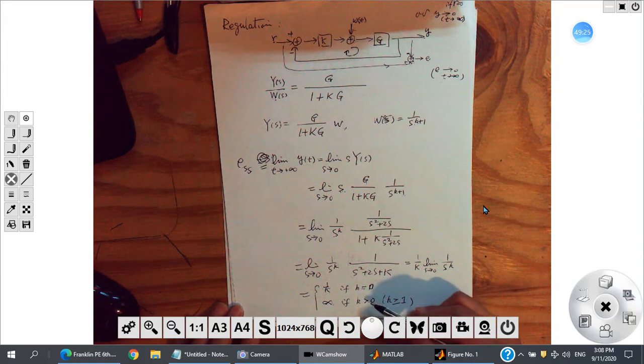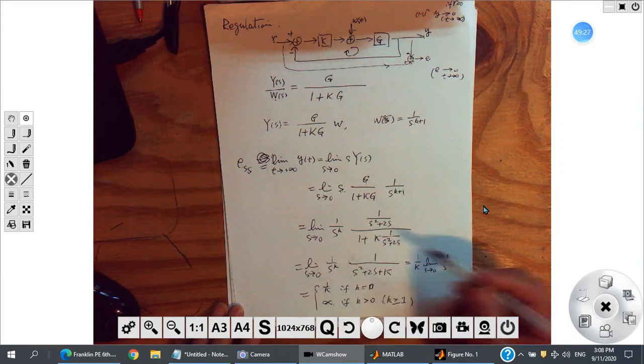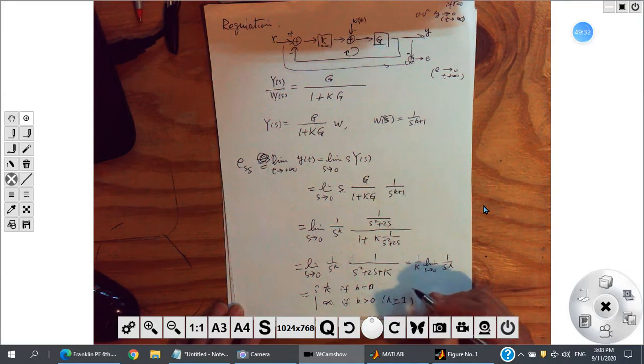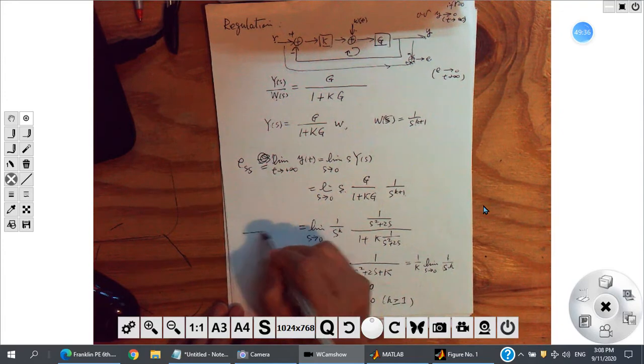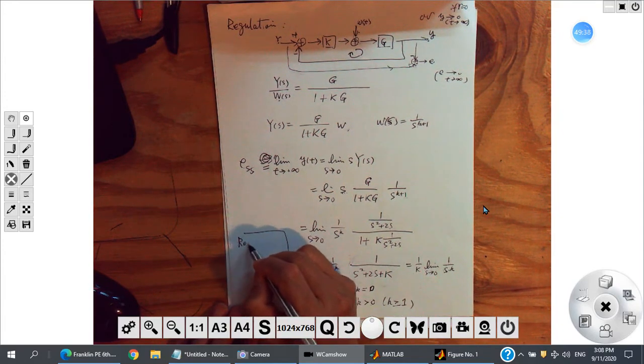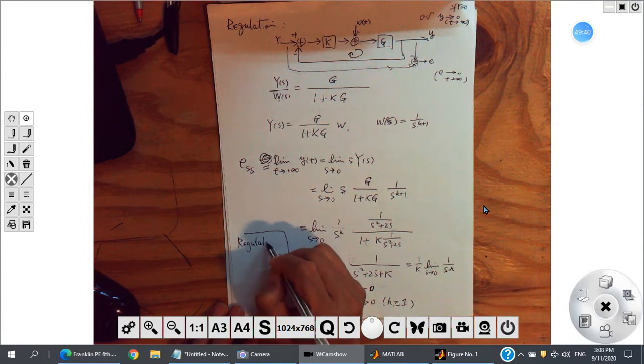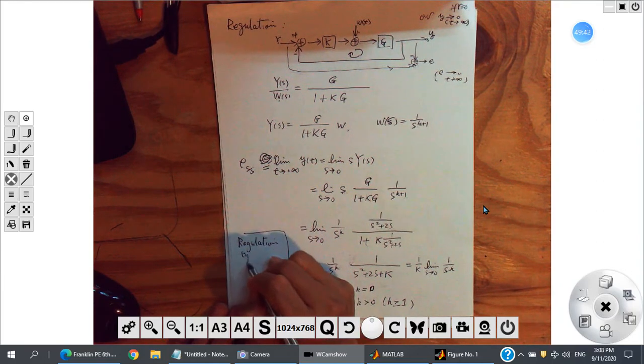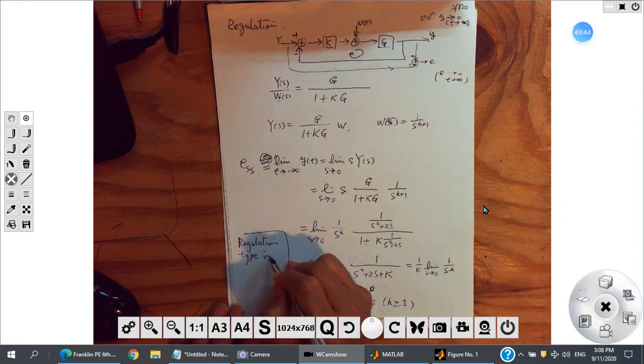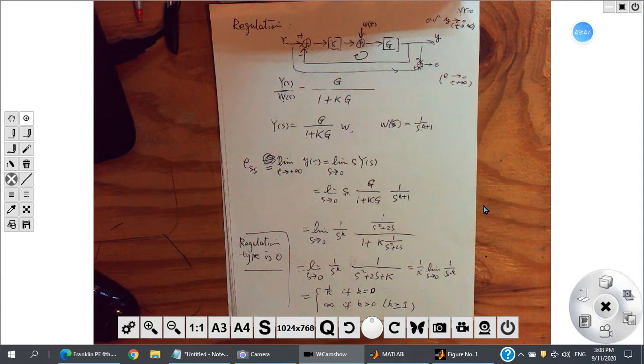When k is less than 0, you can try, there will be 0, right? So anyway, the regulation type is 0.